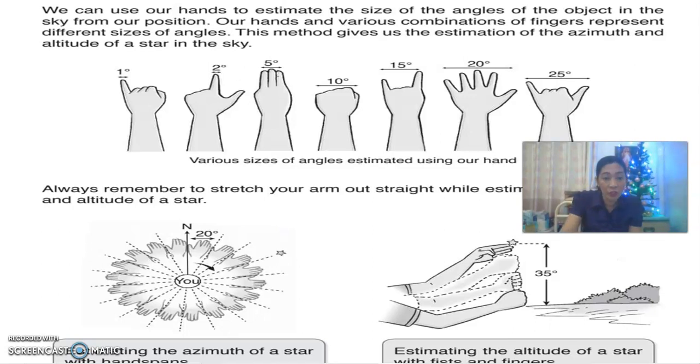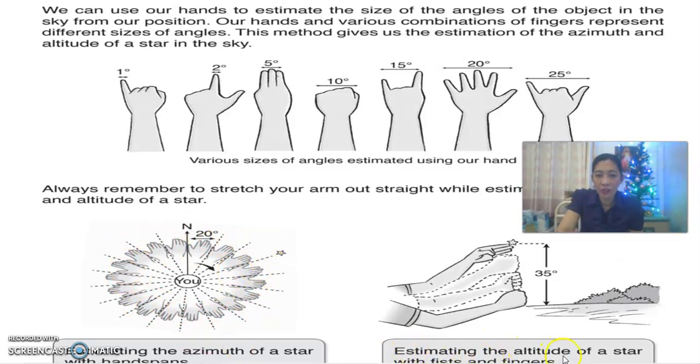When you compute, it is 18 times 20, because a handspan is 20 degrees. So the whole circle is 360 degrees.